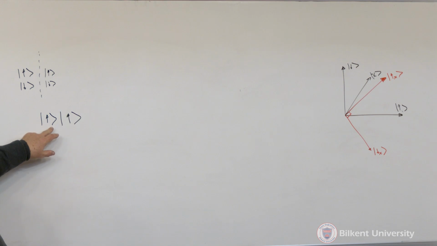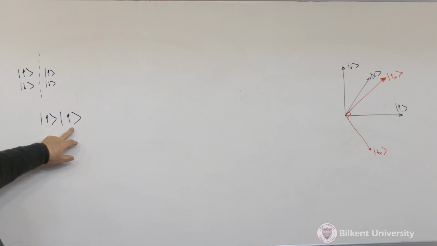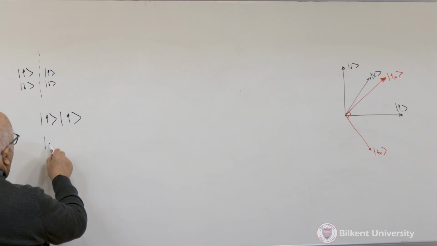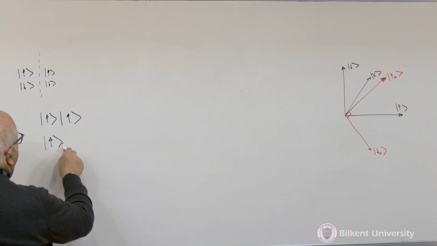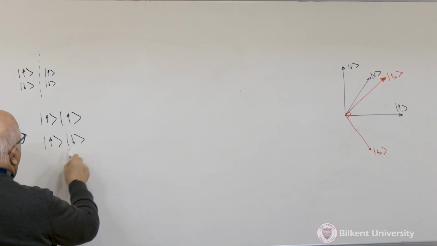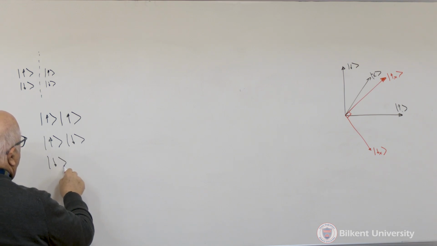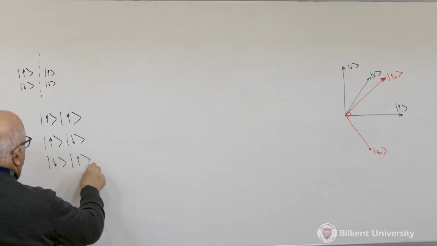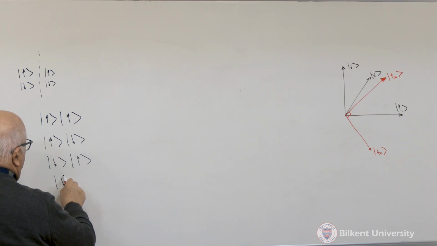This is for the first state. The one that I write first is going to be for the first electron. This is for the second electron. So you have 4 possibilities: up up, up down, down up, and down down.